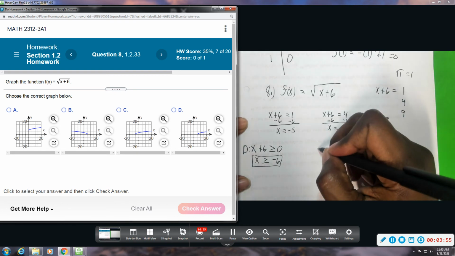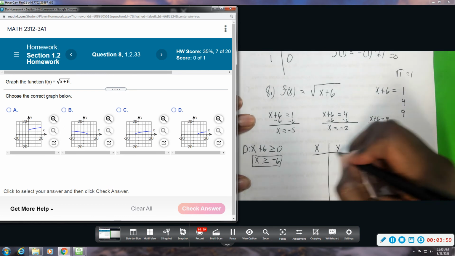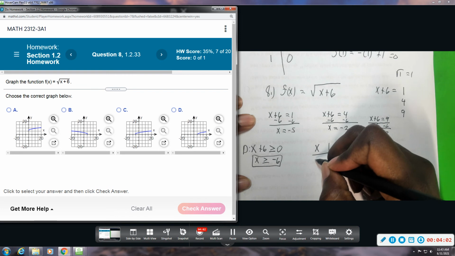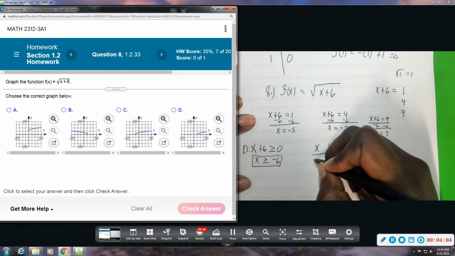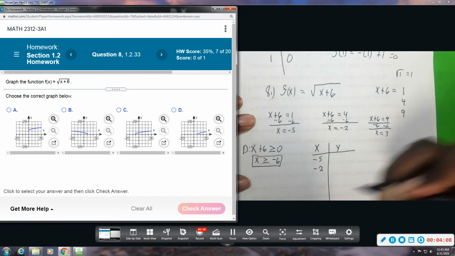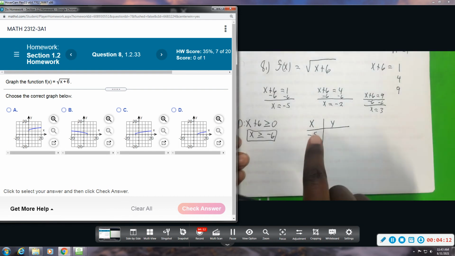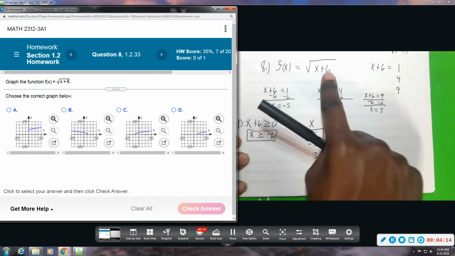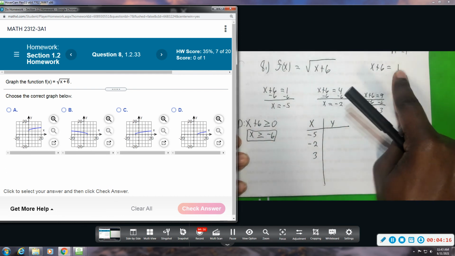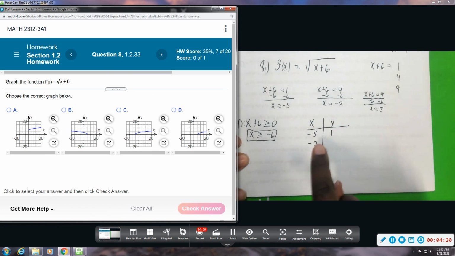All right, so let's make a table now. We have strategically picked points that are going to work out nice, and we're going to solve from there. So negative 5, negative 2, and 3. If you plug in negative 5, we already have our predetermined answer, which is 1, and then the square root of 1 is just going to be 1. So your y value will be 1.